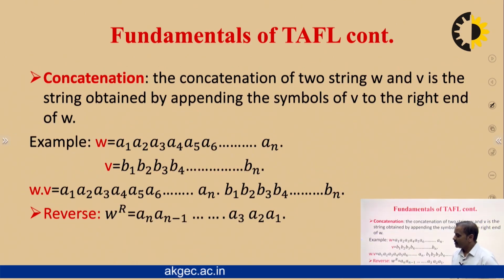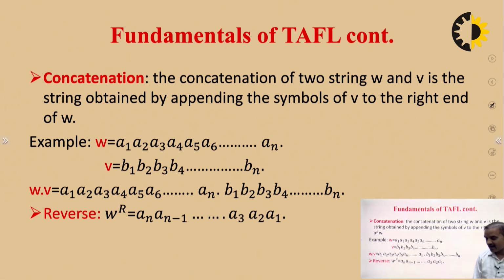Now, what is meant by concatenation? This is the operation which is applied on two different strings or two same strings. We have to combine the given strings, and that operation is called concatenation.